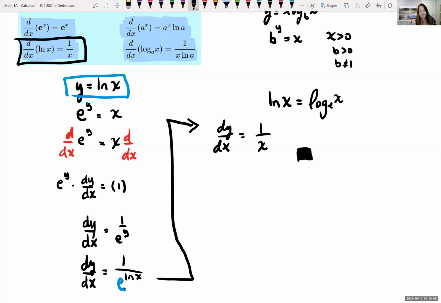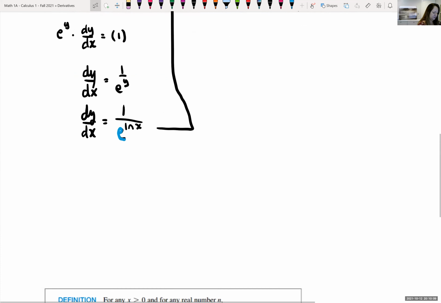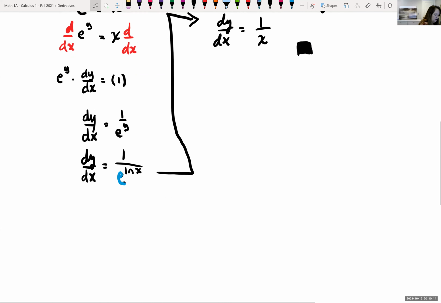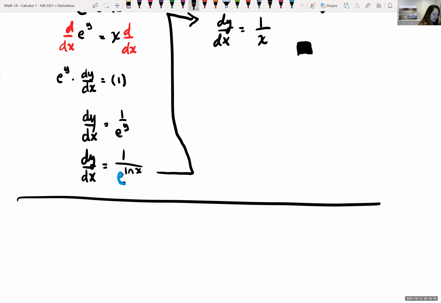If it was the natural log of some function f of x, where it wasn't equal to x, then we can rewrite this. So we have another rule. If y is equal to the natural log of some function f of x, we're going to need to use our chain rule here. Our outer function in this case is our natural log function.